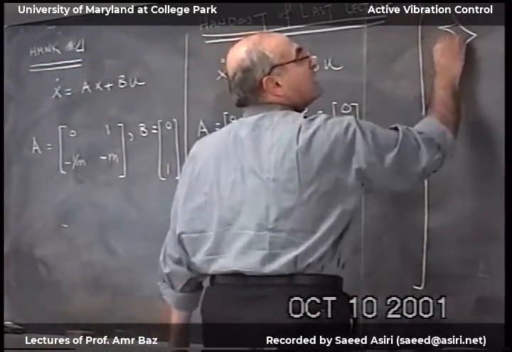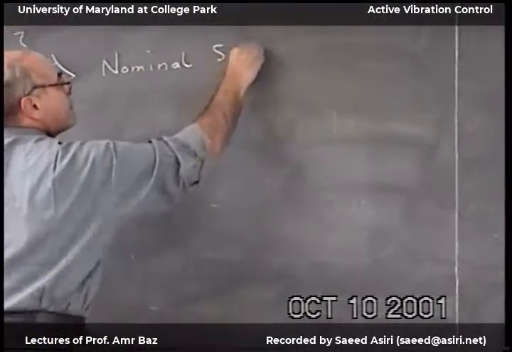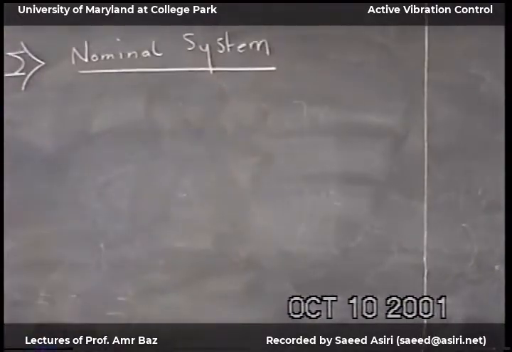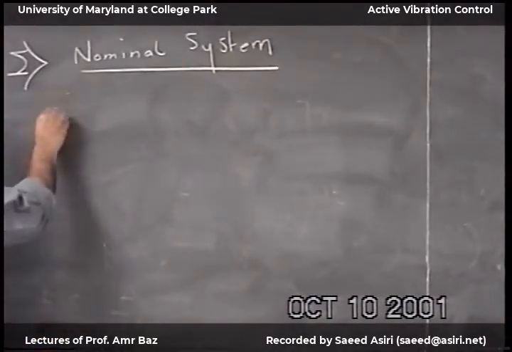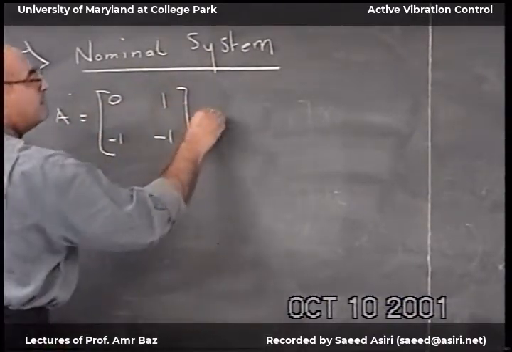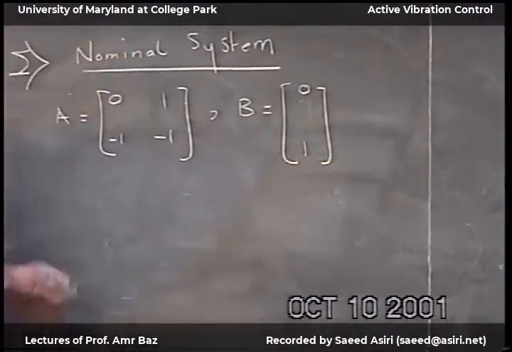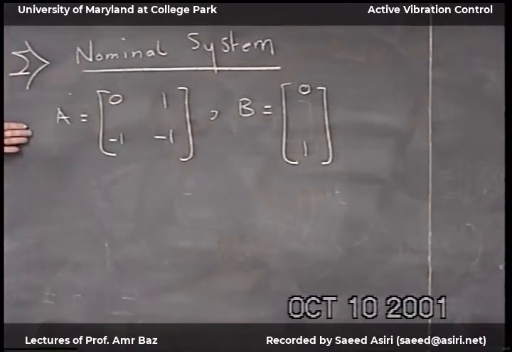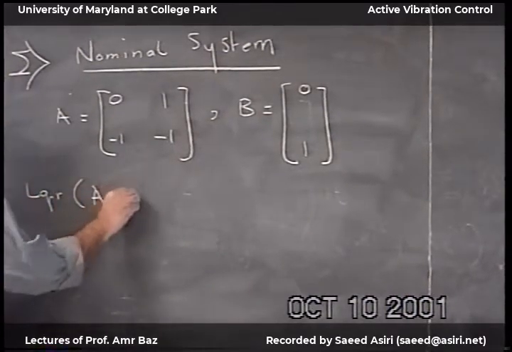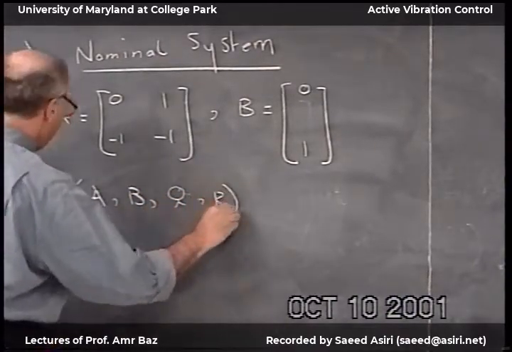Now, how to design this? We look at the nominal system. That's what you think you have on your hand. So the A is this A, and the B is this B. And then you design the system. Everything is designed for this case. So for the LQR, you put the A that you have, the B that you have, the Q, and the R, and you determine the gain.